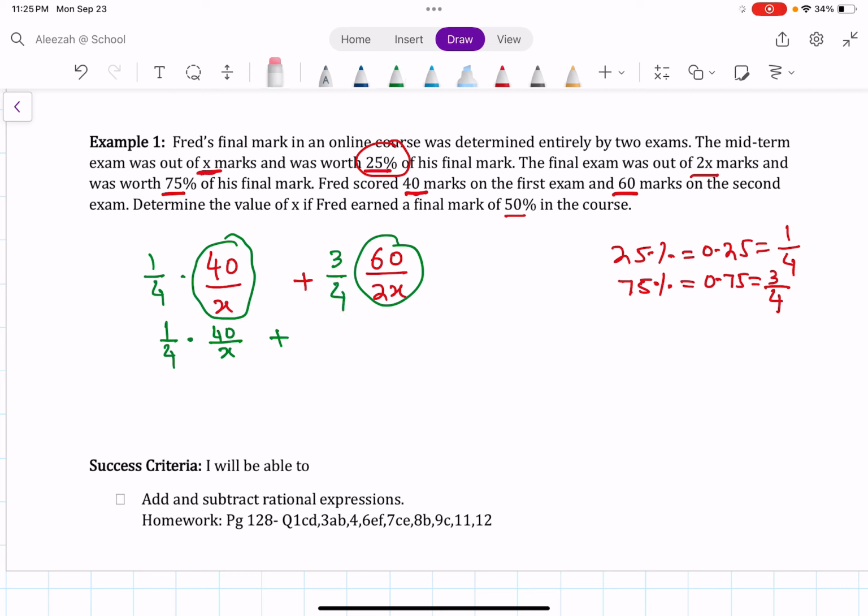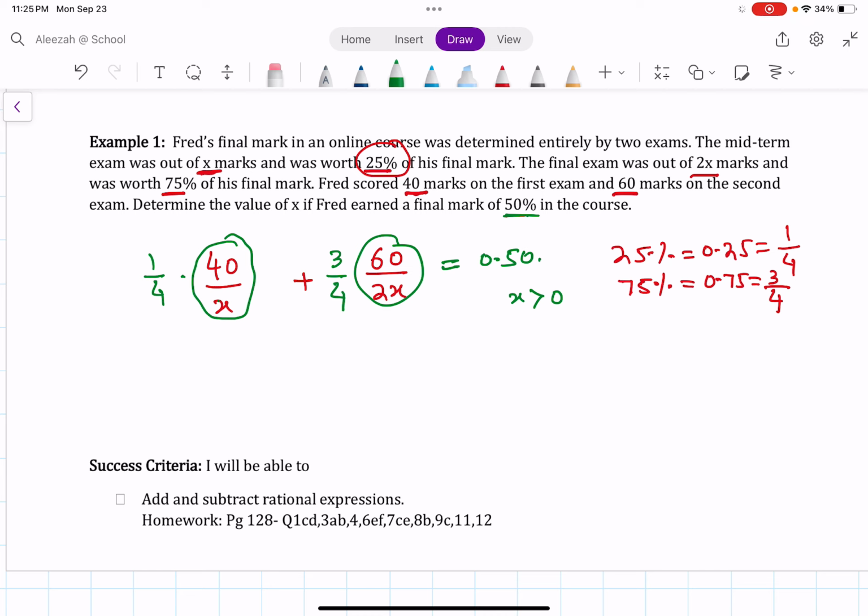Okay, and now I just simplify it before I add. And the final mark is 50%. So this equals his midterm plus final is 50%. 50% means 0.50. Okay, and the restriction is x is greater than 0.